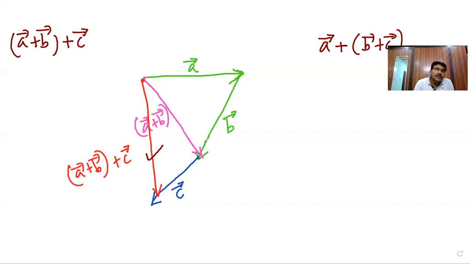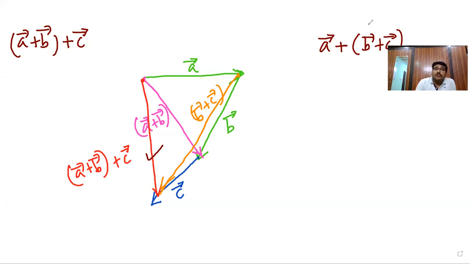To the head of the B bar, the tail of the C bar is added. Now, resultant is what? Resultant is initial position to final position. That is, this is the resultant. This is what? B bar plus C bar. Okay.